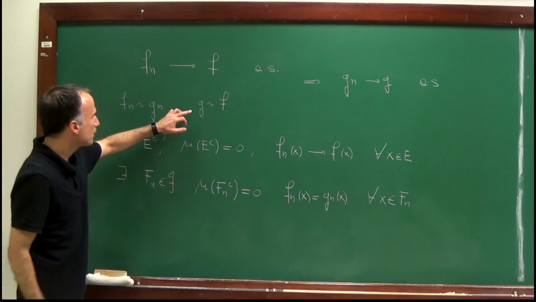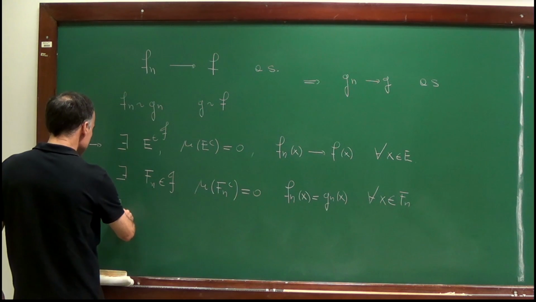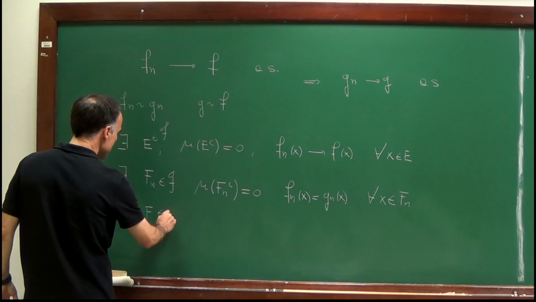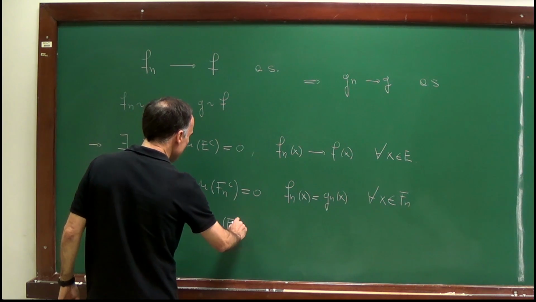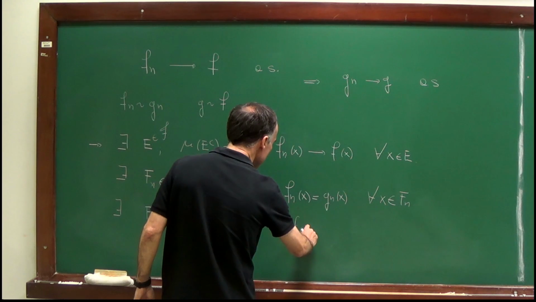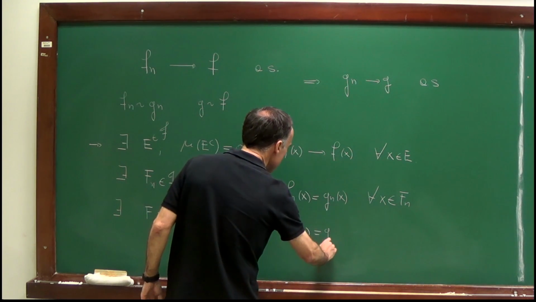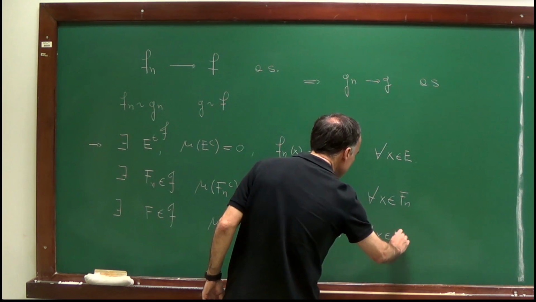In the same way, saying that g is equivalent to f means that there exists a set F in the sigma algebra such that the measure of F complement is 0 and such that f(x) is equal to g(x) for all x in F.